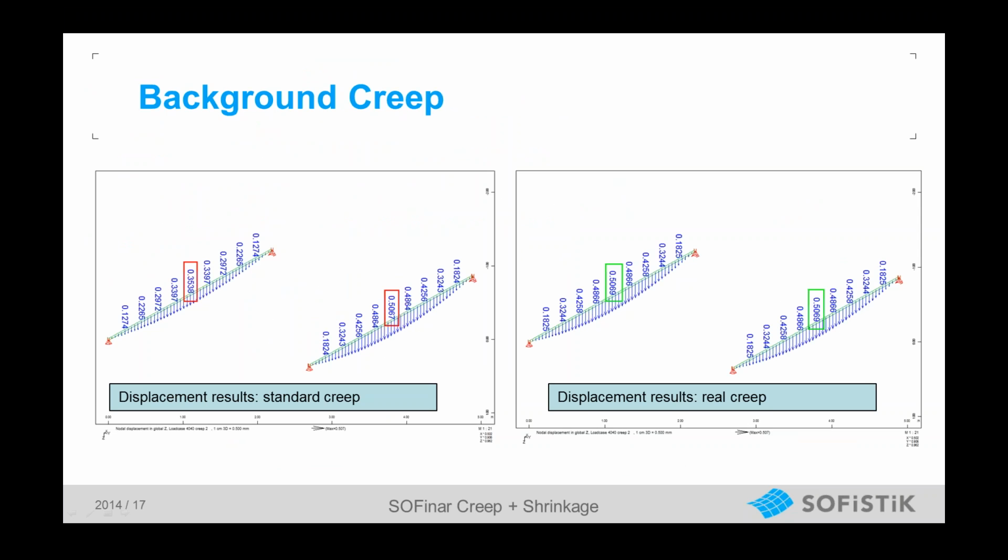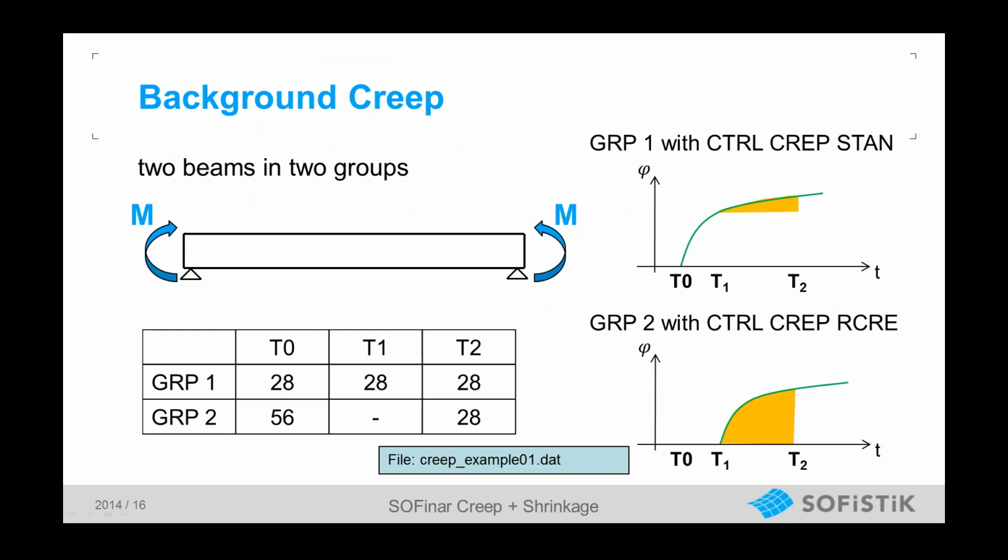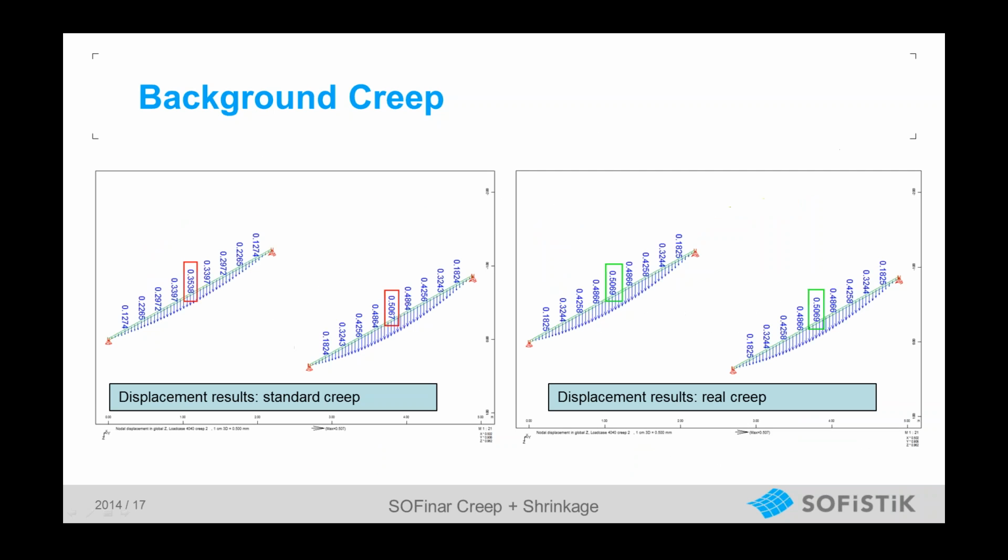With the standard creep effect, group number 1 is on the left-hand side of the 2 beams. That means we have 28 days with no load, and then from 28 days to 56 days we apply a load, and the creep value is derived from that. Just one slide back, you see this yellow area, so we have a very little creep value here.